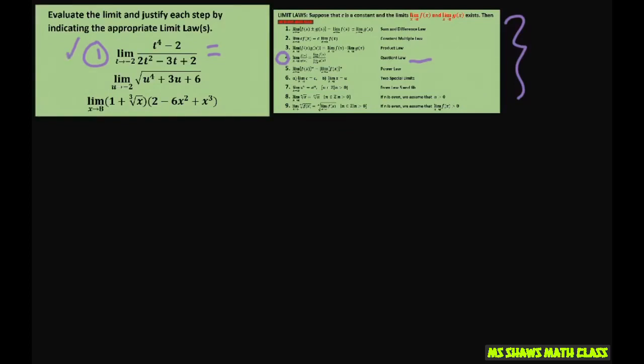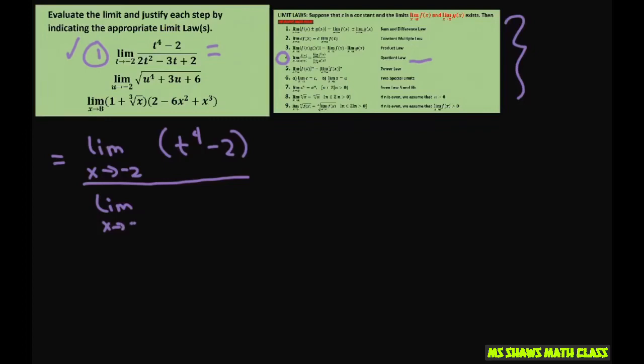I'm going to start from there and write this as equals the limit as x approaches negative 2 of t to the 4th power minus 2 divided by the limit as x approaches negative 2 of 2t squared minus 3t plus 2.